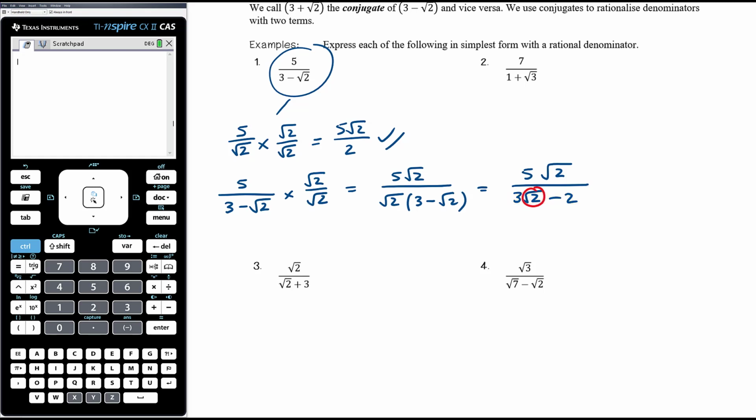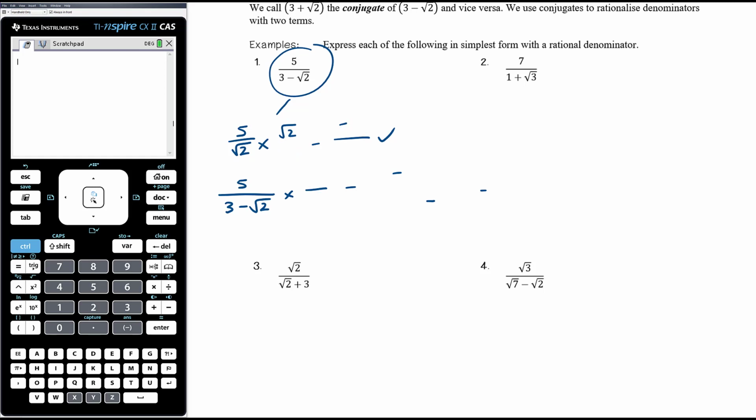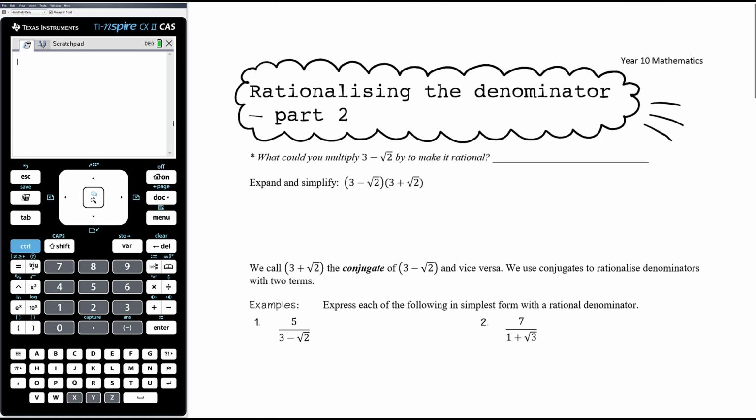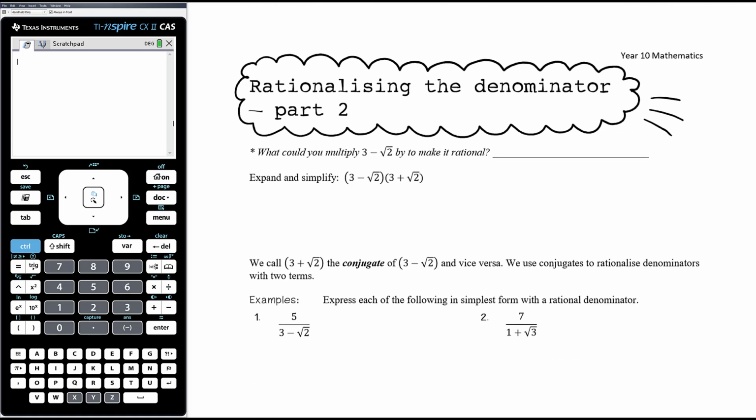So the question is, okay, well, how do we make such an expression rational? And we've actually done this in a couple of videos ago. If we think about expanding and simplifying, this is our difference of two squares, a minus b times a plus b.